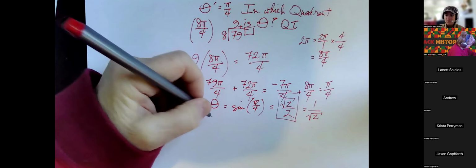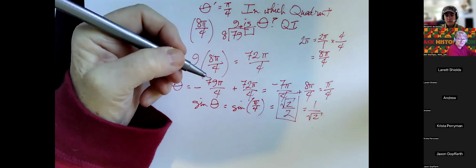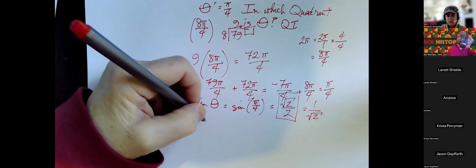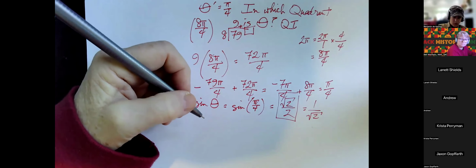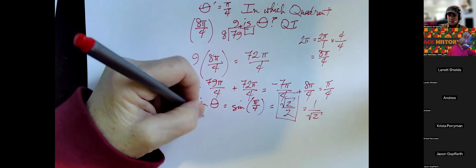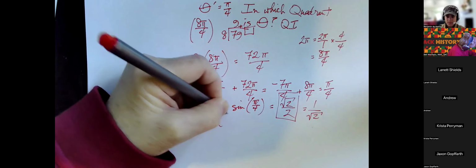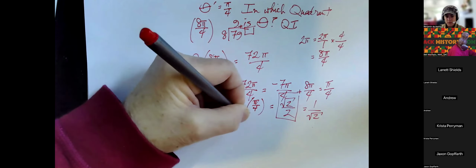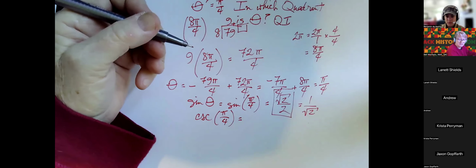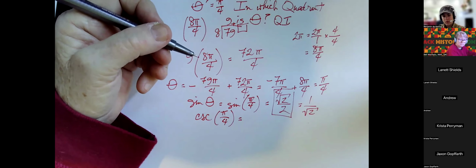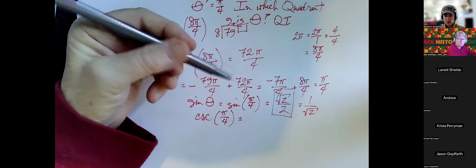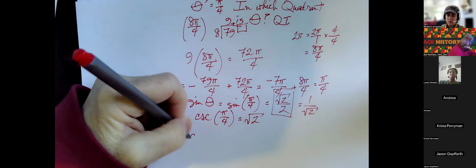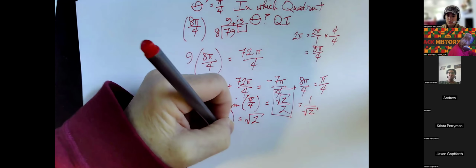Okay, so speaking of reciprocals, what is the reciprocal of sine? Cosecant. Good. So that means that the cosecant of pi over 4 is 2 over the square root of 2, or square root of 2, yes. And that's exactly why I want you to remember the second form.